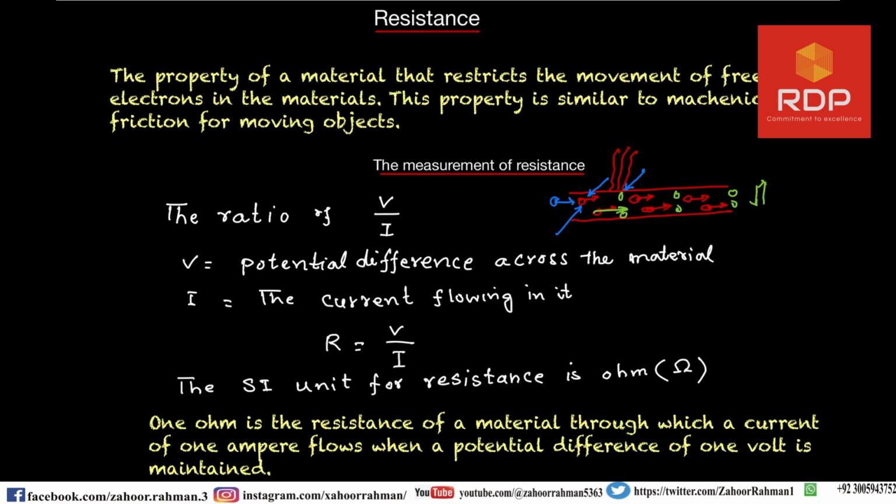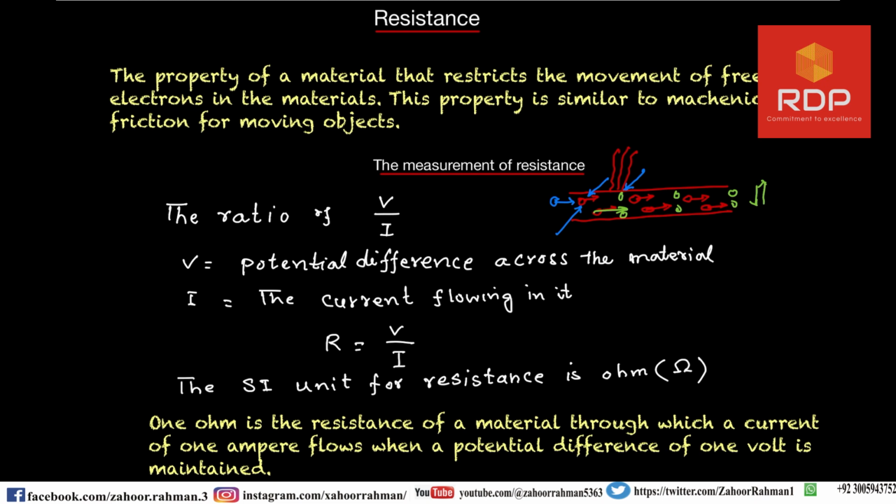On the other hand, if the wire feels colder, then there is less resistance inside this conductor. So the resistance determines the size of current which can pass through the material.